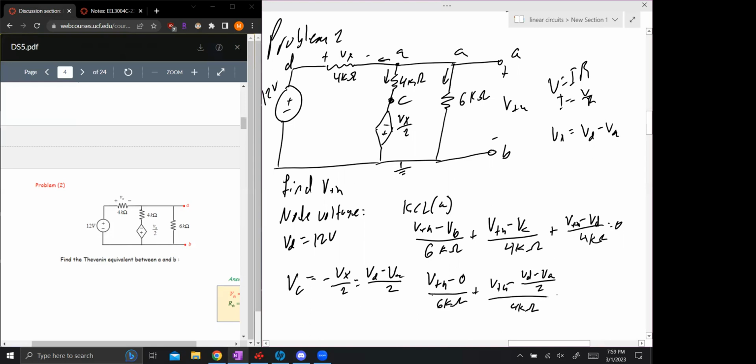That's a lot. Okay. Got that. And then we do plus V Thevenin minus VD, which is 12, over 4 kilo ohms. Perfect.